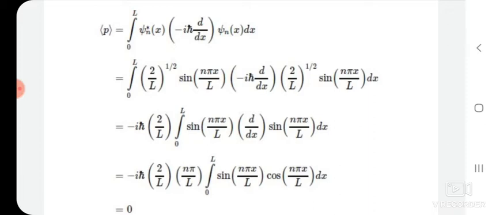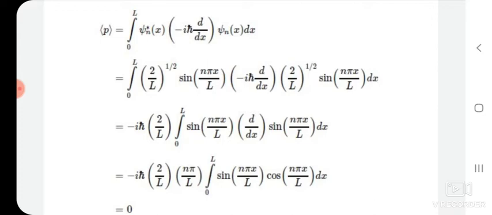Now first we have to differentiate that sin n pi x by L. It gives cos n pi x by L into n pi by L. That n pi by L is a constant we can take outside the integral.